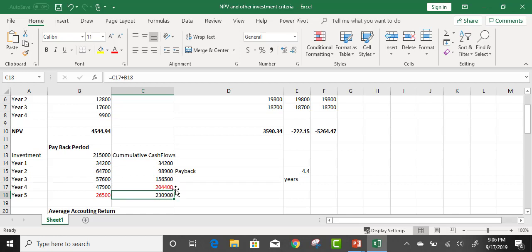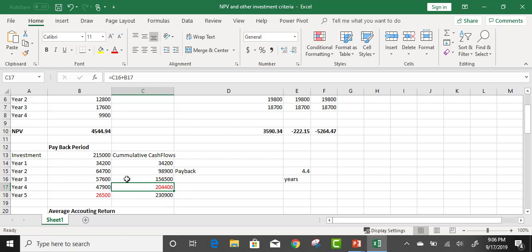Now you can see that the total of cash flows in the third year is $156,500, and the total cash flow that the project generates, including all the previous cash flows, in the fourth year is $204,400. So it means that the cash outflow of the project is recovered somewhere in year 4 or later.